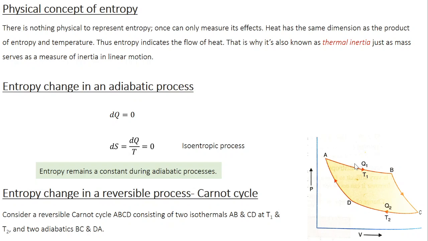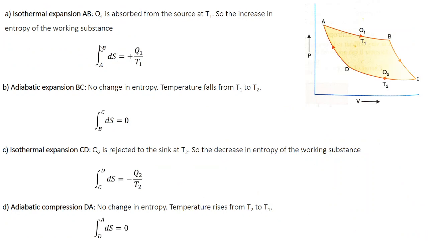Let's calculate the entropy change during each of these processes. First, isothermal expansion AB. Here heat energy Q1 is absorbed from the source at temperature T1. Remember, we are calculating the entropy of the working substance. The working substance gains heat energy from the source, which means the entropy of the working substance is going to increase.